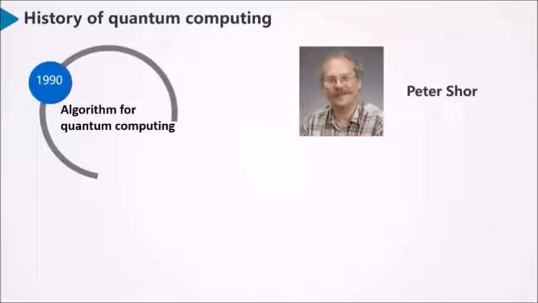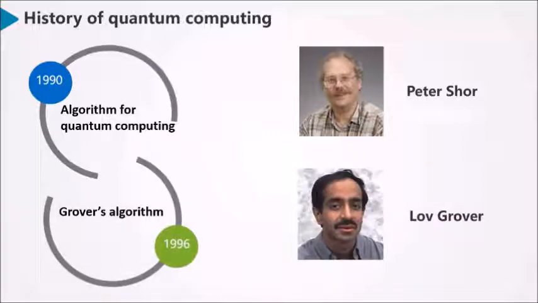In 1994, Peter Shor discovered an algorithm that allows a quantum computer to factor large integers quickly. In 1996, Lov Grover at Bell Labs invented the quantum database search algorithm.